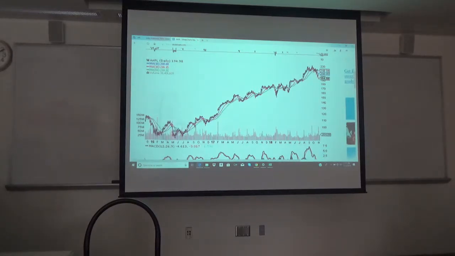And then it looked like the 10-day almost crossed the 50-day in June, but it didn't. It finally crossed in July, and then the 30-day crossed in August, and then the 10 and the 30-day continued to stay above the 50-day until about November.